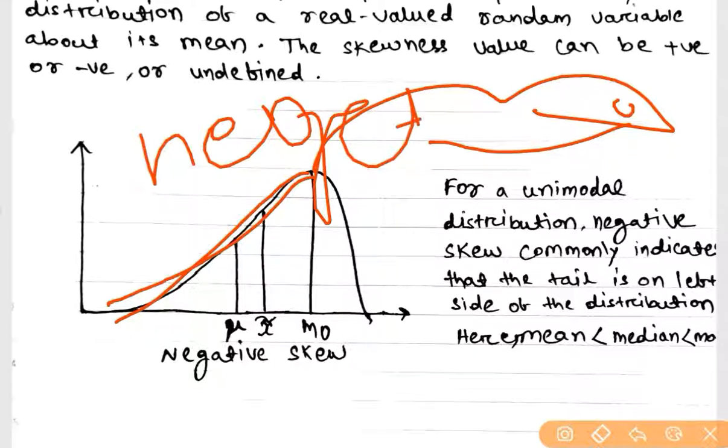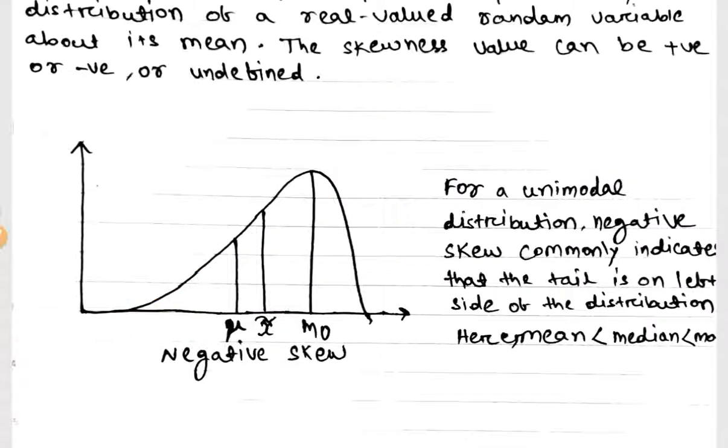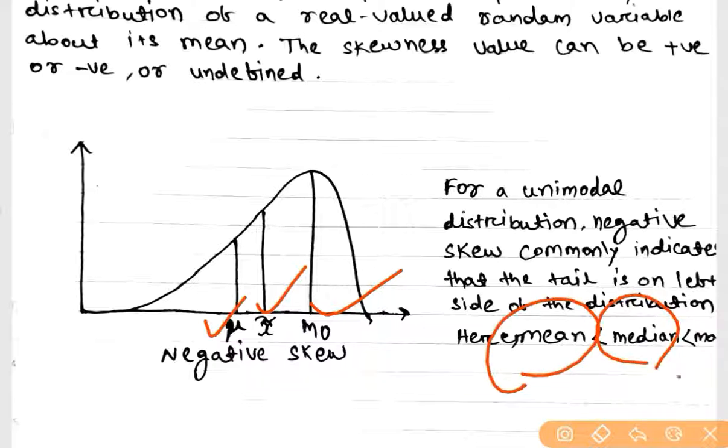In this, the mean is smaller than the median, and the median is smaller than the mode.